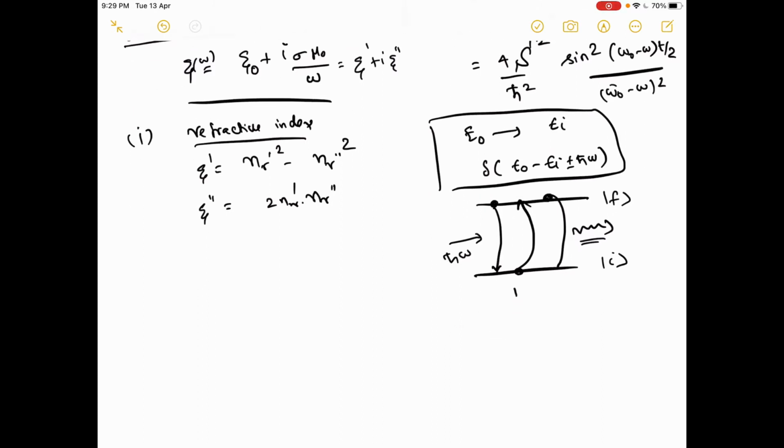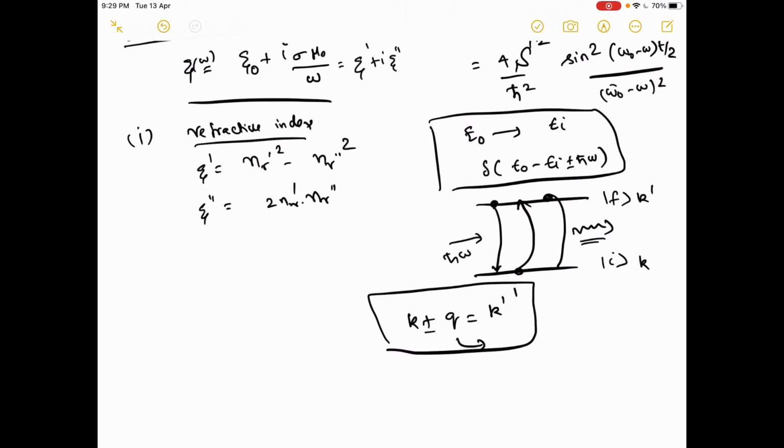We saw that if you have an electron in the state k, and the final state has a wave vector k prime, we also said that k plus or minus q should give you k prime, q being the wave vector of the photon. So it also has to conserve momentum. This is what finally told you that only direct band gap semiconductors are optically more active.